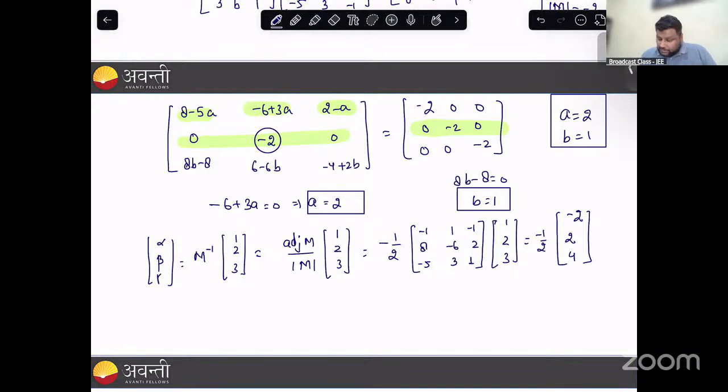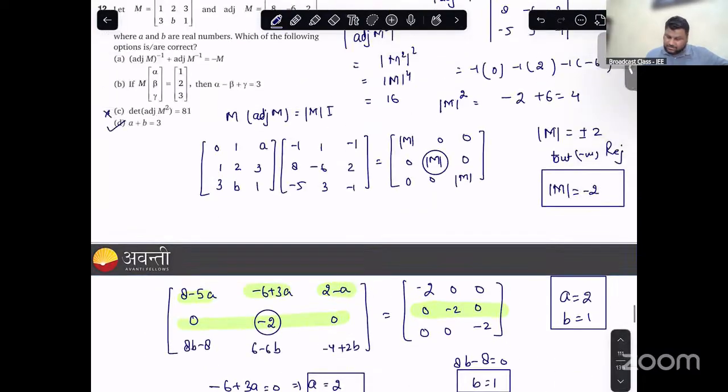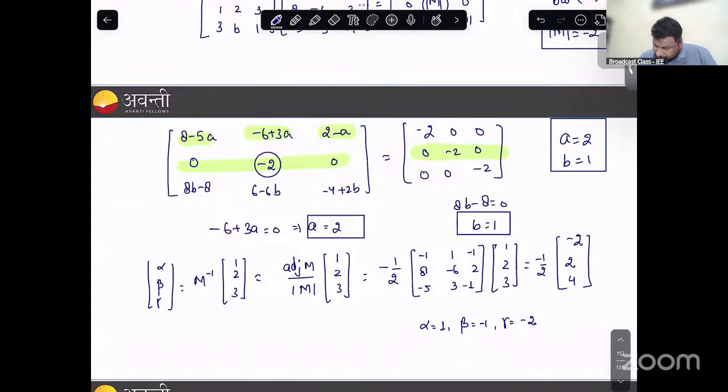So with this, I got alpha as 1, beta as minus 1, gamma as minus 5 plus 6 plus 3, so minus 3 times minus 1 by 2, it will also come minus 2. So alpha 1, beta minus 1, gamma also 1.